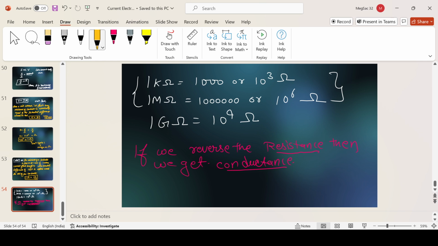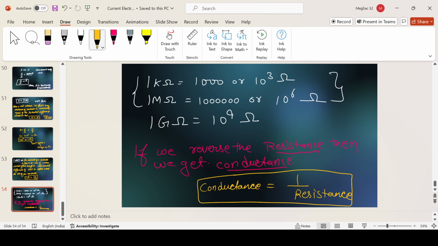It is represented by G. So conductance is equal to 1 upon resistance. Clear? Yes, sir. So we have G is equal to 1 upon R, where G stands for conductance and R stands for resistance. So both are inversely proportional to each other.